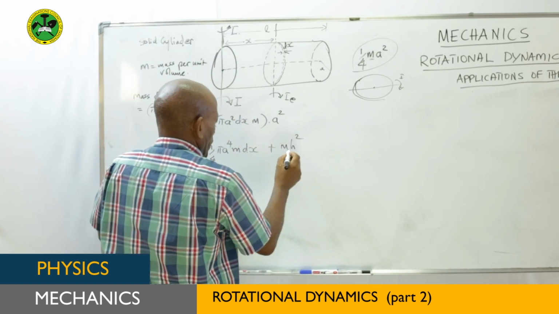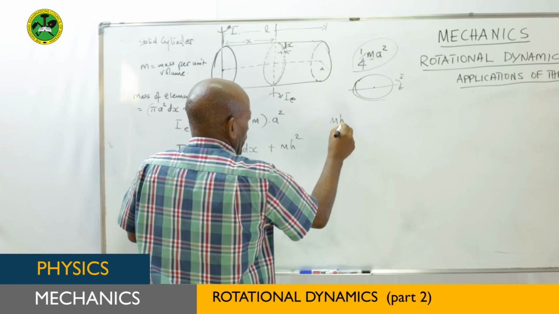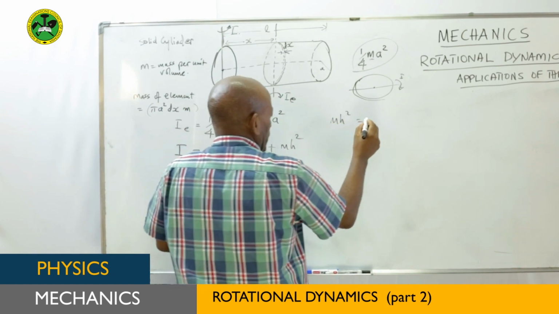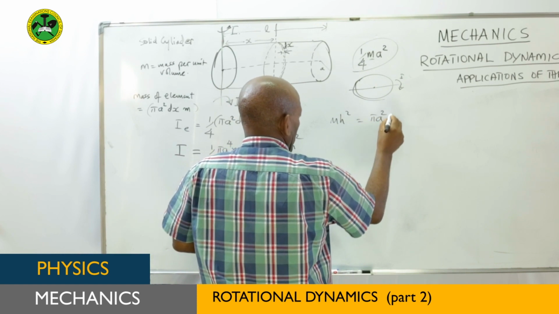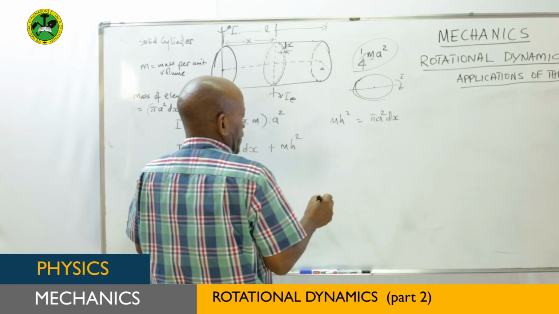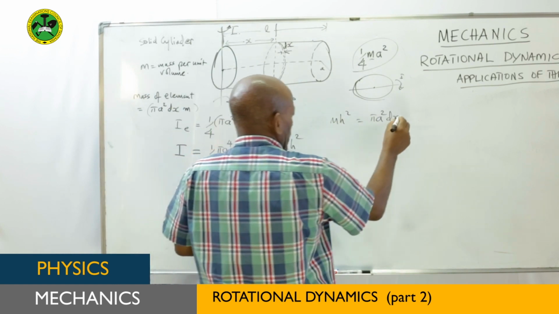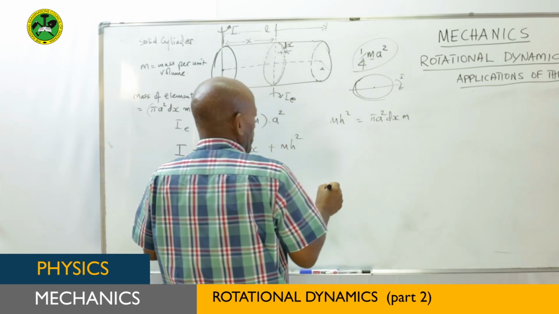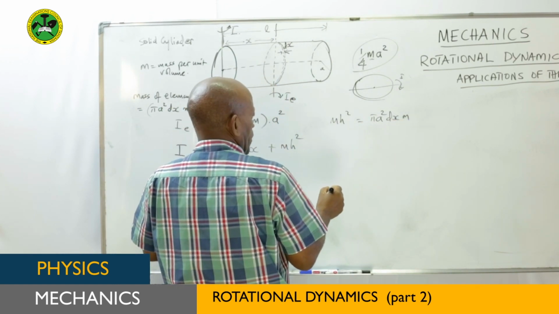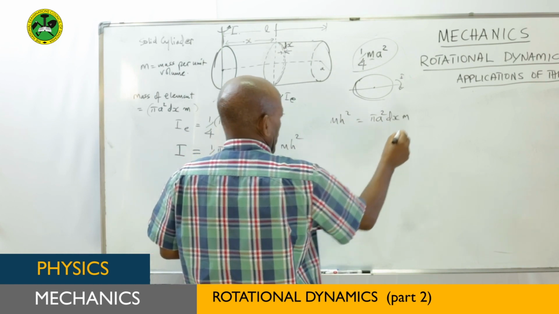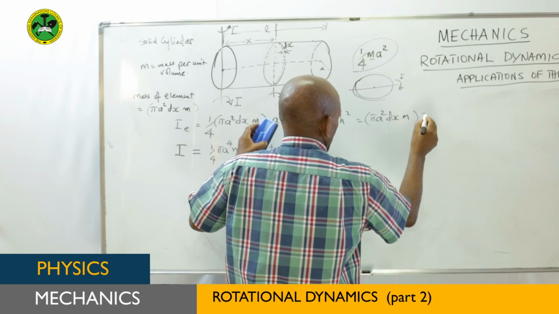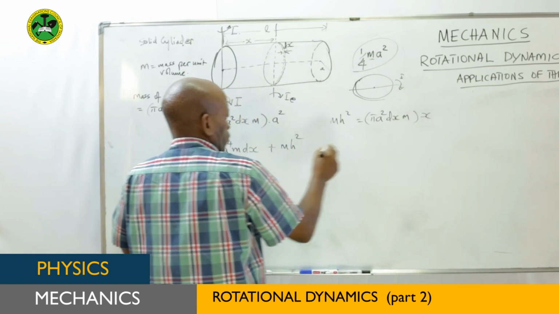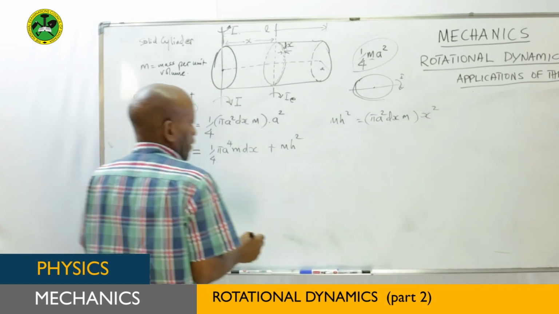For the expression of m h squared, this will just be equal to pi a squared times dx, the volume, times the mass per unit volume, and then we multiply by x, x being the h, so it will be x squared.